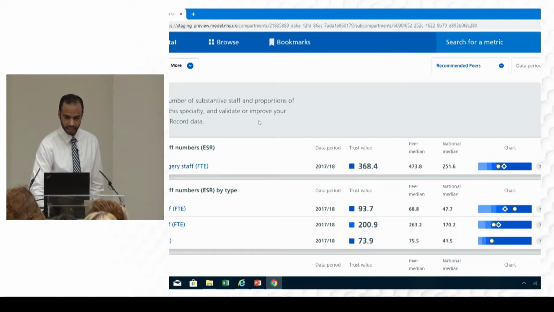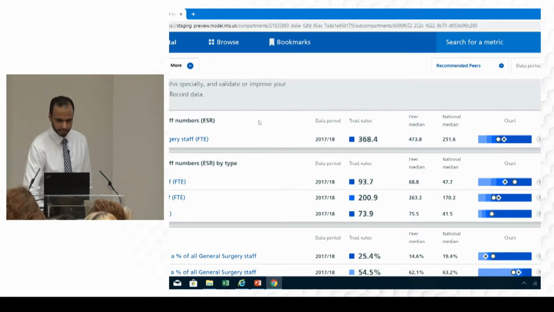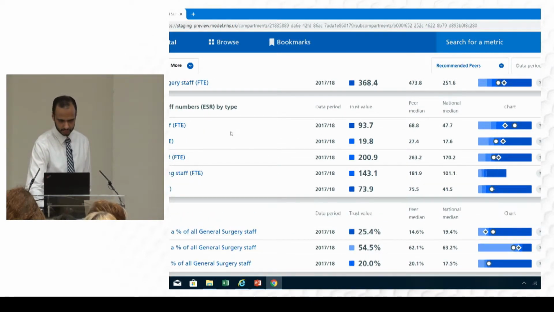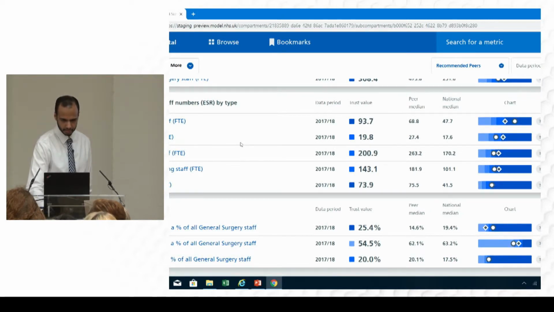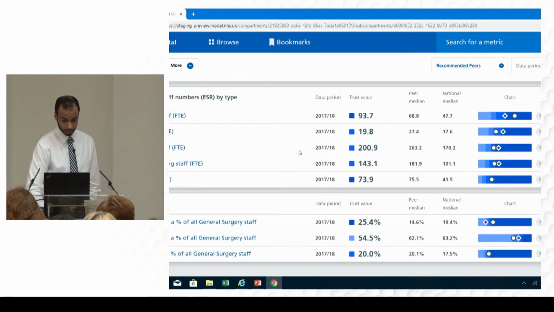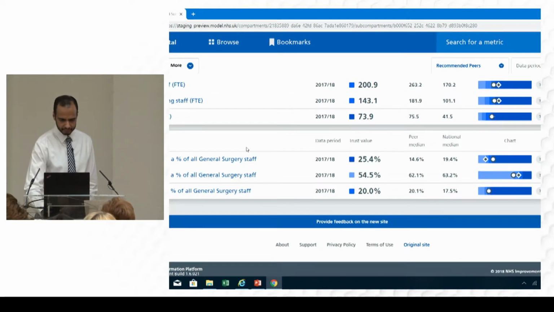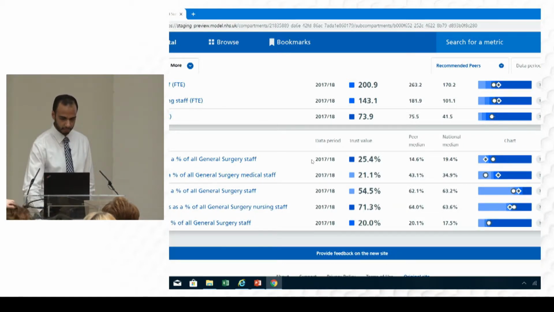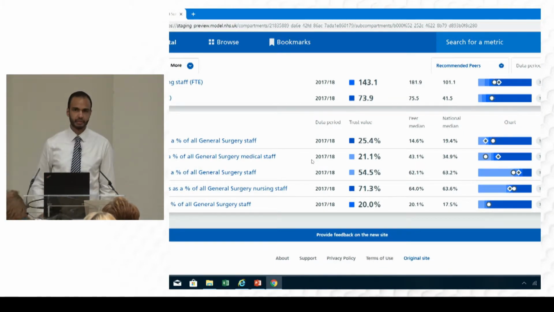Again, driven by ESR, you get your overall staffing numbers, a breakdown for different groups, and also whether the staff are qualified, or if you're looking at obs and gynae, you'd also get midwifery split out within there as well. And we were talking about the overall skill mix number in your workforce analysis. Well, this will give you a little bit more detail behind that.